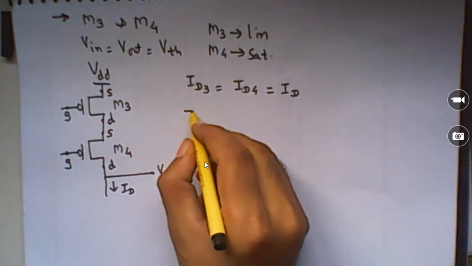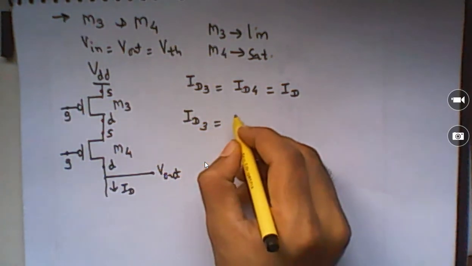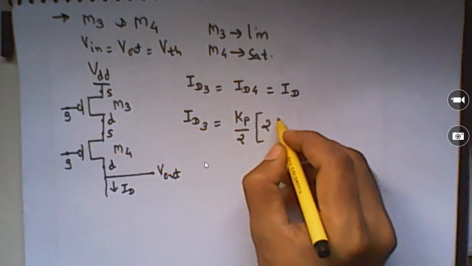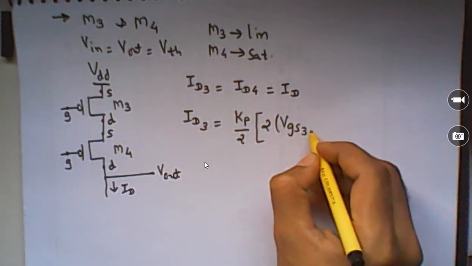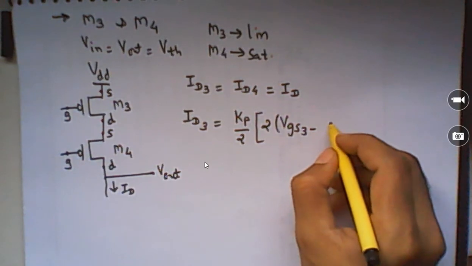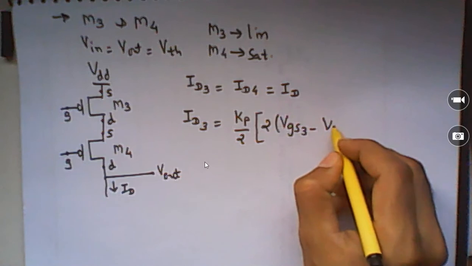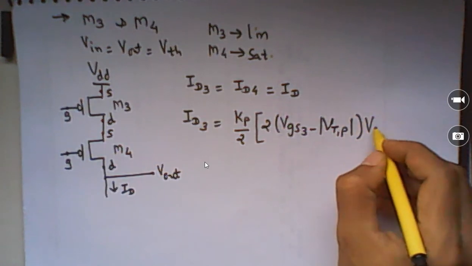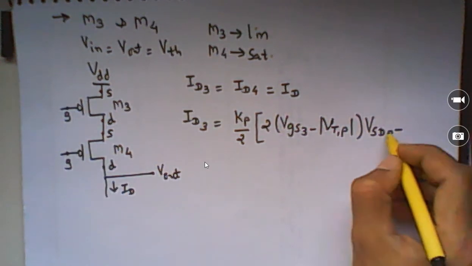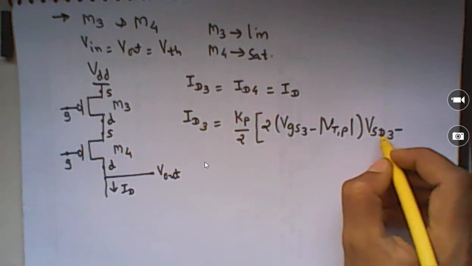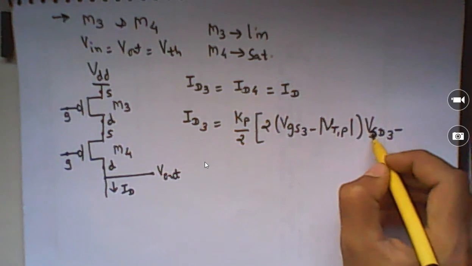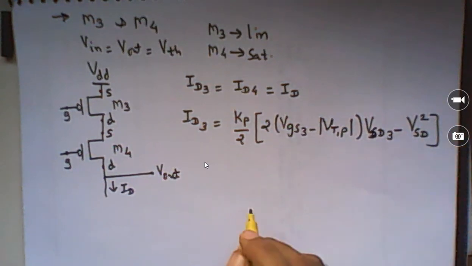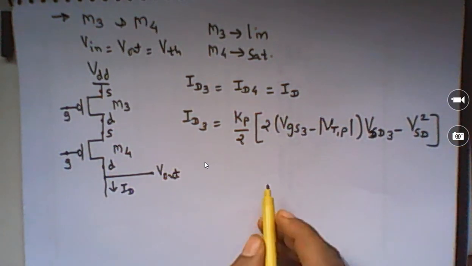Now ID3, which operates in the linear region, we can write as ID3 equal to Kp by 2, the transconductance of the P MOSFET by 2, into 2 times VGS3 minus VTP, into VSD3 minus VSD3, the drain to source voltage of M3, squared, right?